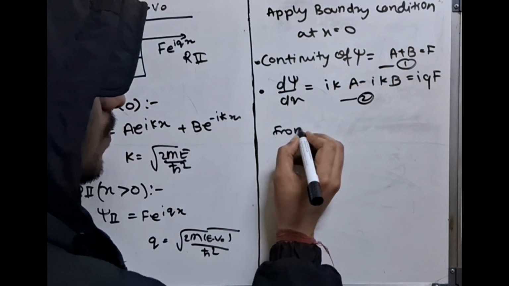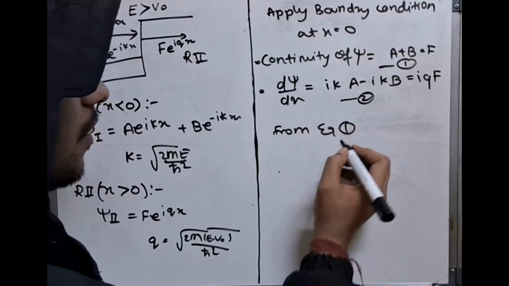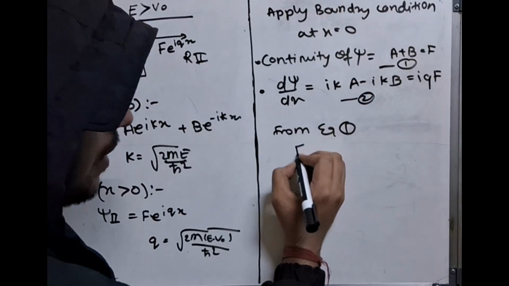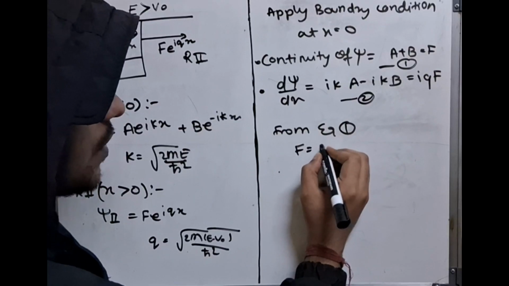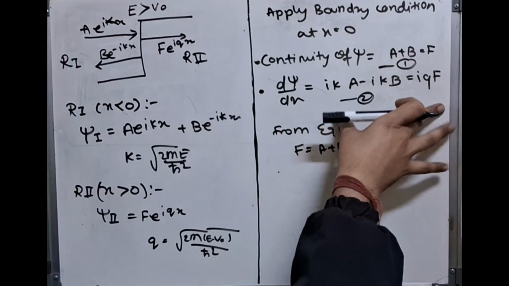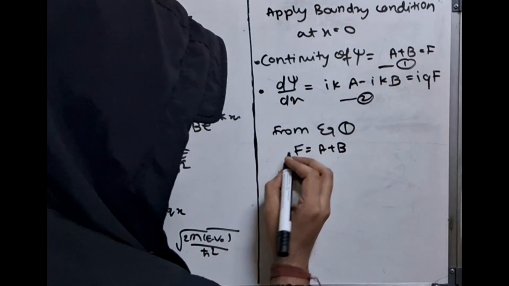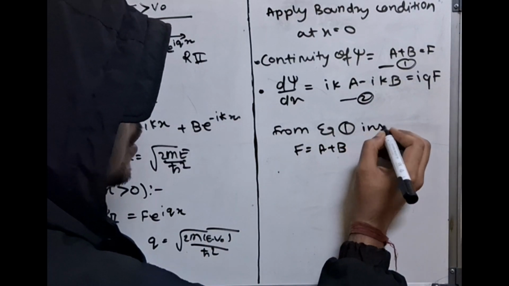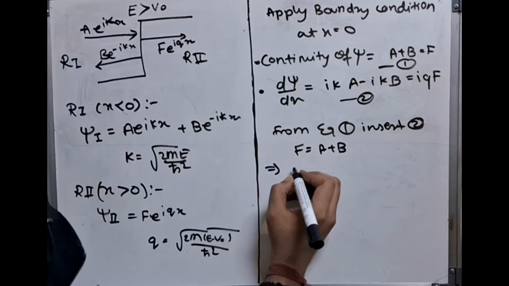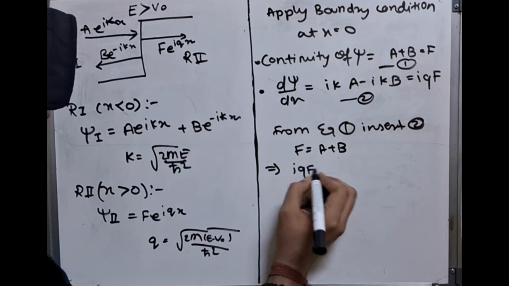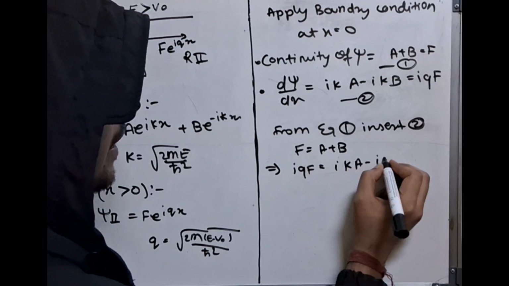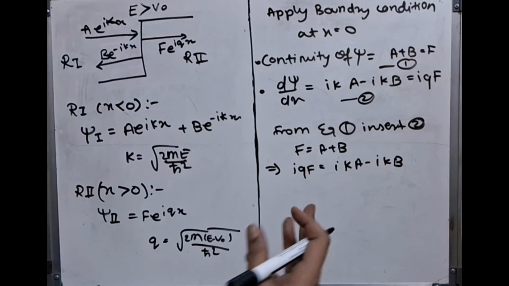Now from equation 1, of course let me just write the equation 1, f is equals to a plus b. In this equation we insert the value of equation 2, and we basically write that insert 2. Therefore our equation becomes iqf is equals to ika minus ikb. We got this equation.